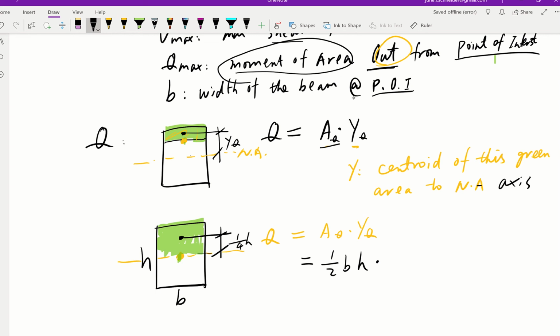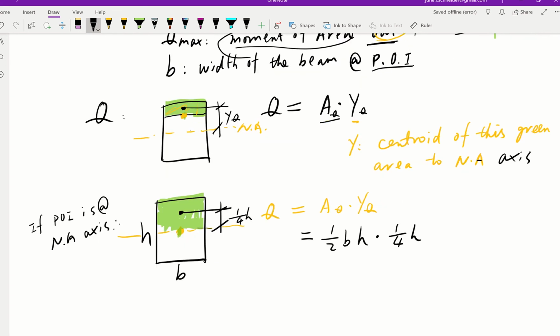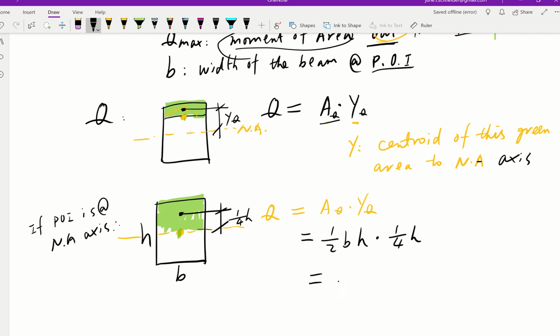Because this top one is half H. So here I'm going to make a note. If point of interest is at neutral axis, for this scenario, I'm going to put YQ as quarter H. In that situation, my Q will become half BH squared.